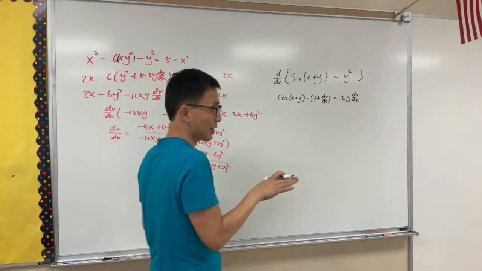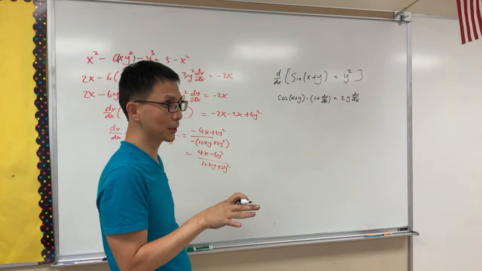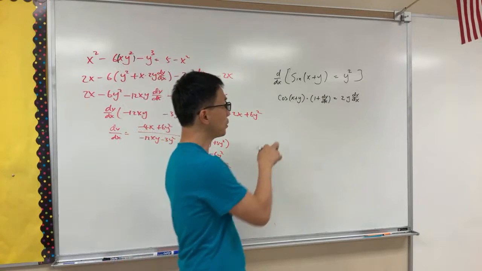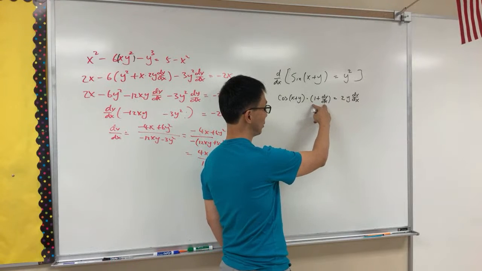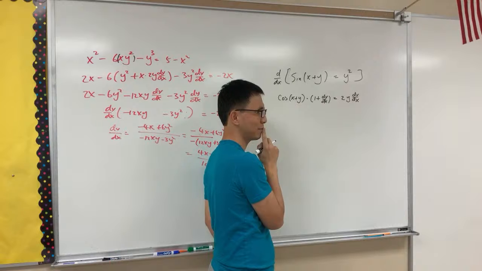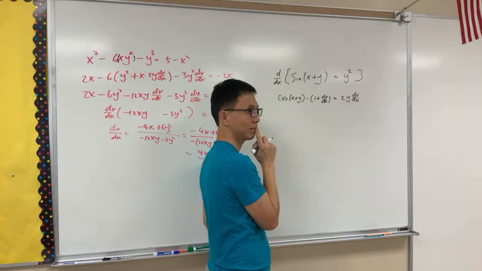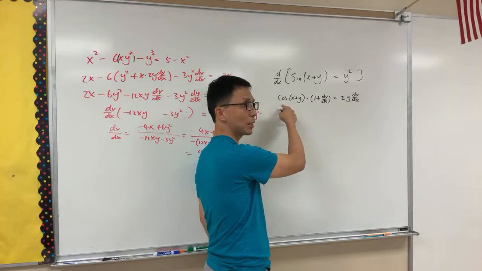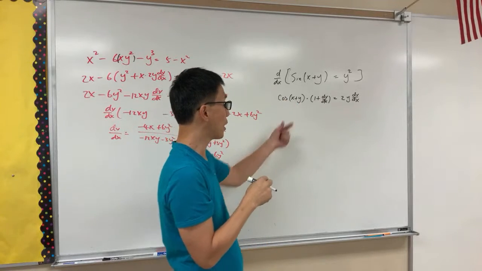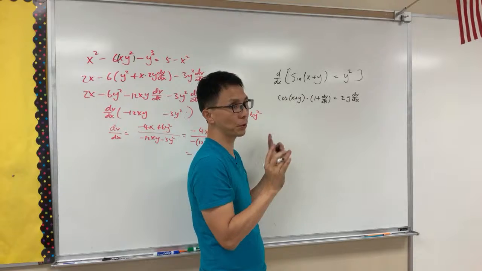Now, here's the next line, where people make mistakes. Don't you ever FOIL this. Ever. Why? Because it's a composite function. X plus y is within the cosine, so this does not distribute to this, ever.